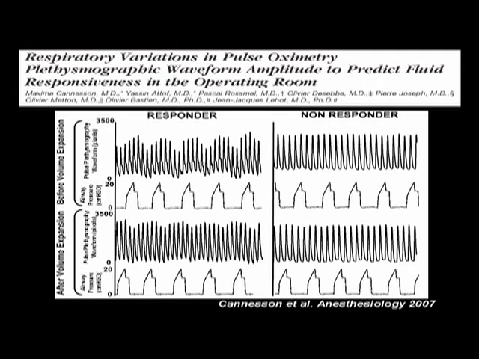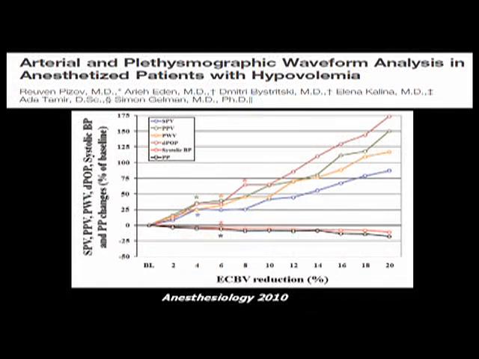And more recently, in 2010, a group from Israel, Dr. Pizov, showed that when you induce hypovolemia in a patient, you draw blood, they induce hemorrhage, and they draw up to 20% of the estimated blood volume of the patient. They observed that in these patients, the mean arterial pressure does not change. They selected only patients who did not change the mean arterial pressure, meaning the very challenging patient where hypovolemia is installed, and you cannot detect it on a decrease in mean arterial pressure.